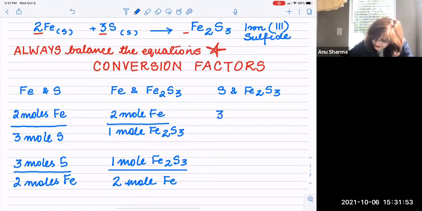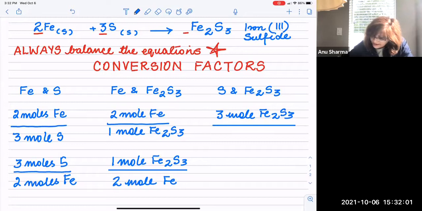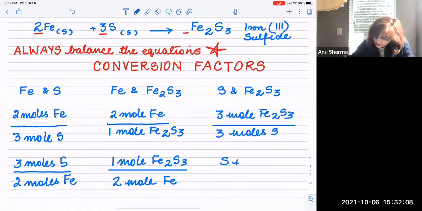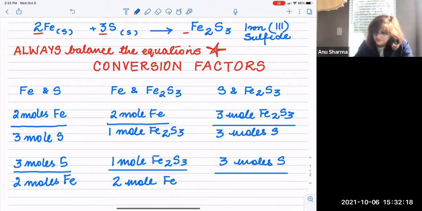Next is 1 mole of Fe2S3 produced when 3 moles of sulfur react, or 3 moles of sulfur react to produce, sorry, this is my mistake here.